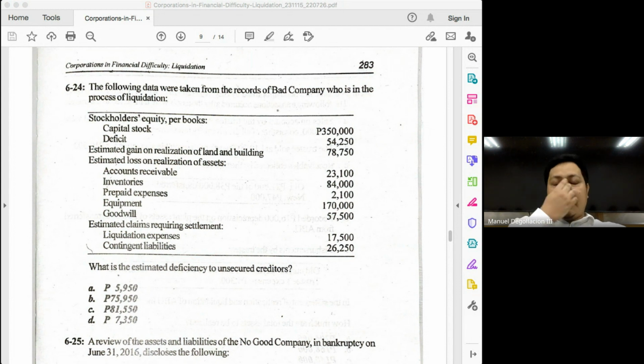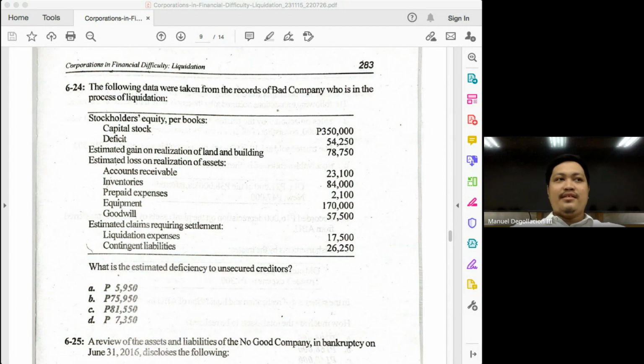Again, if you are a financially distressed company, you have options. Enter into debt restructuring agreements with your creditors, undertake quasi reorganization, or worst case scenario, you liquidate the entity.